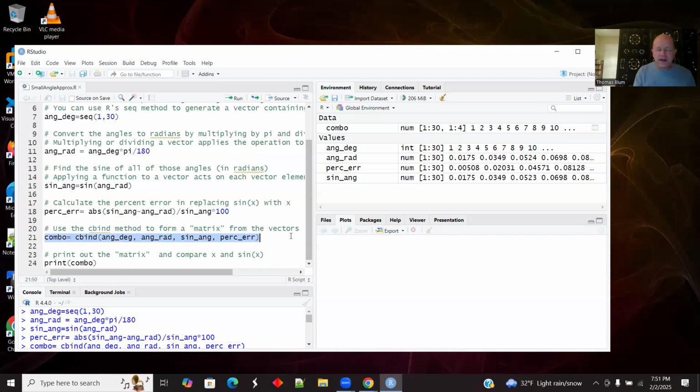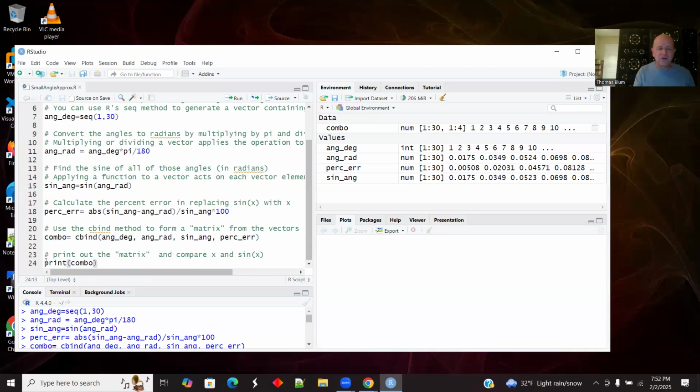I can combine my parallel vectors into something more complicated. And I don't really want to do anything with this more complicated thing other than display it. So I make this more complicated object just because it's convenient for display.